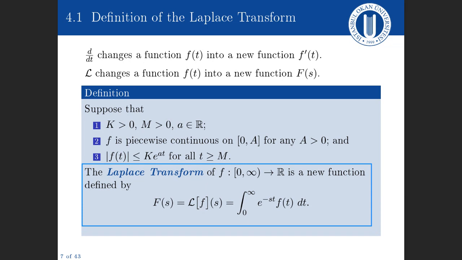This is a formula we're going to be using a lot over the next few slides. There's two ways that we're going to be writing the Laplace transform of small f. We can either use capital F, or we can write curly L of f. And I'm going to be using both types of notation interchangeably.